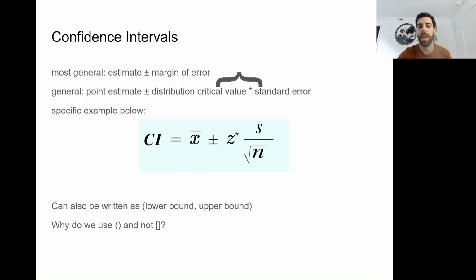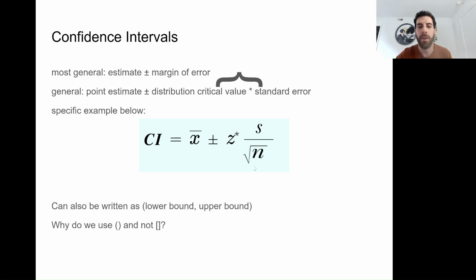The assumption here is that X-bar is normally distributed, which is why we're using the Z star to represent the distribution's critical value, because if we assume X-bar is normally distributed, the Z distribution would be appropriate, and then we find the critical value, which we'll go into more detail in a future slide, but it's the value at which you're covering 95%, or your associated confidence level, within that distribution.